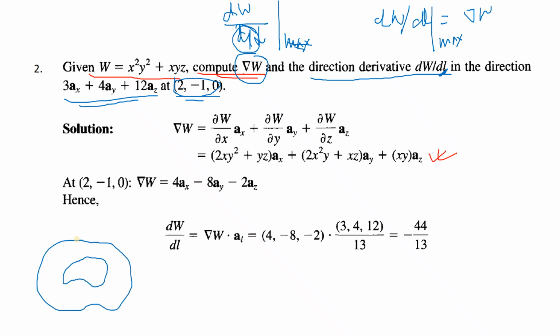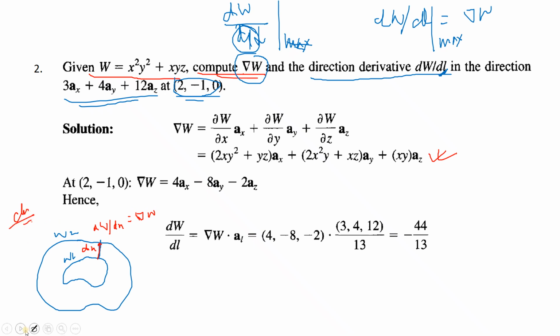So the meaning of this question is that there are two curves over here. Suppose this is W1, this is W2, two scalars are there. Suppose this is the shortest path. So we will call the shortest path dn. If you travel along the shortest path, then you get dW by dn, which equals the gradient of W. Why?